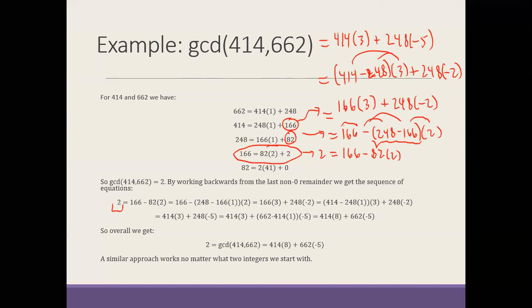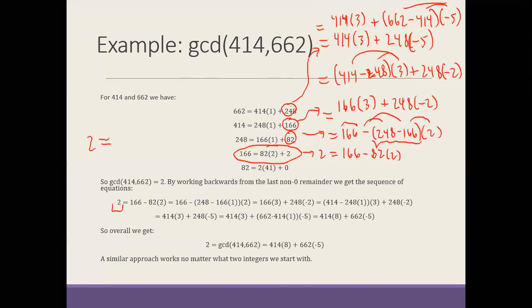So I take the 248 and I put it into this thing. I'm going to end up with 414 times 3 plus, what is 248? It's 662 minus 414 because of that equation, multiplied by -5. And you distribute.